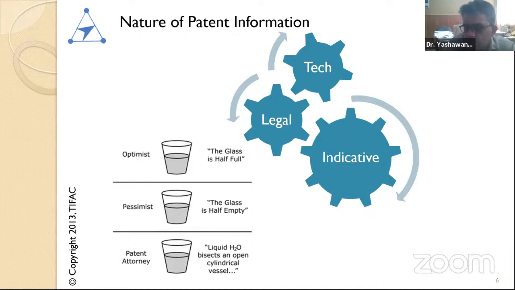So we have to focus on validation with data, validation with iterations of experimentation for the same invention, be it a product or a process.